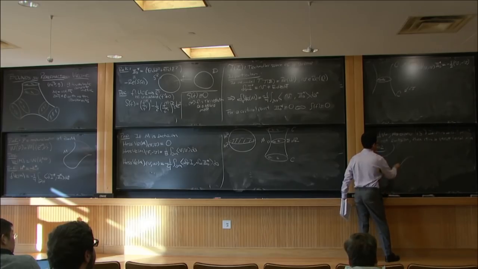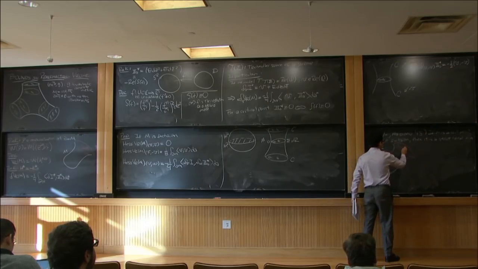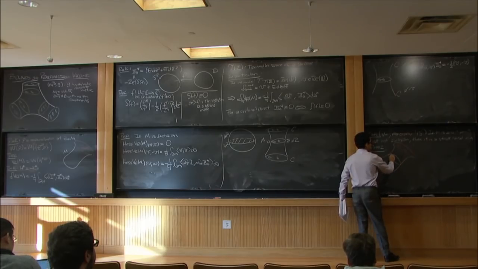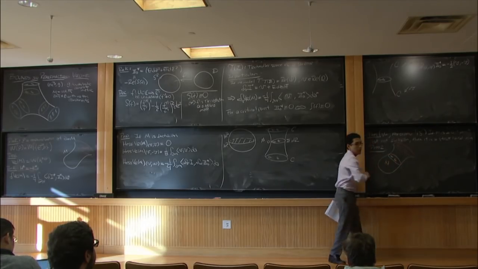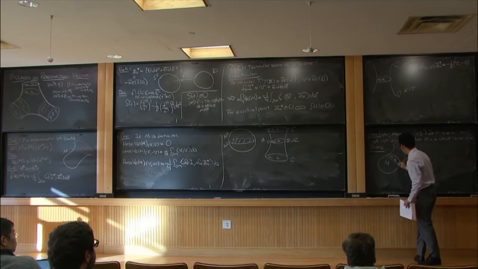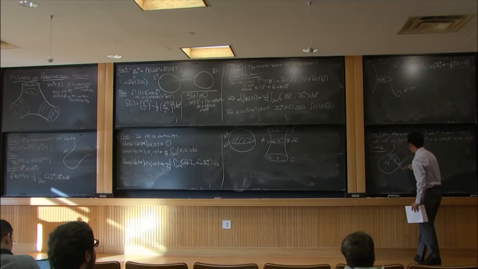Well, how are the other critical points? The other critical points are going to be as follows. For them, there is going to exist a compact manifold N inside such that the boundary is going to be totally geodesic.